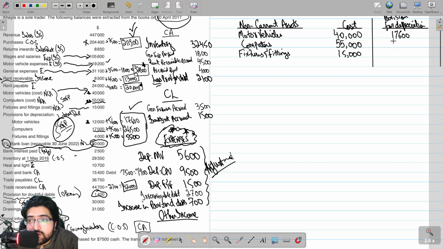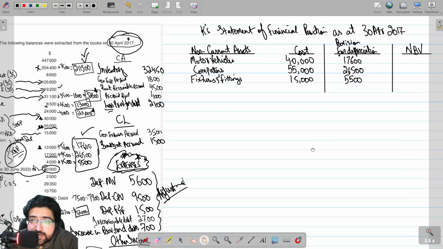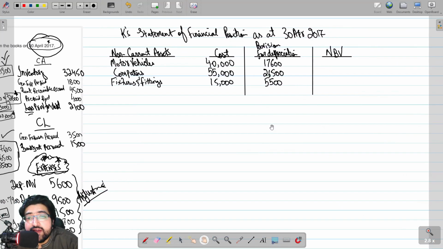We have 26,500 as the total depreciation of computers, and then 5,500 as the total depreciation of fixtures and fittings. We know what net book value is. Net book value is simply cost minus provision for depreciation. Okay? So we will subtract the provisions from cost to get the net book values.